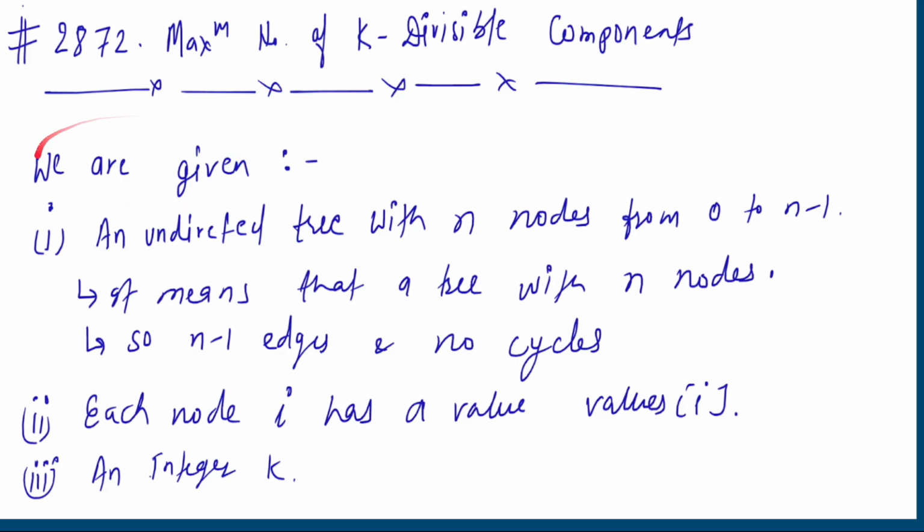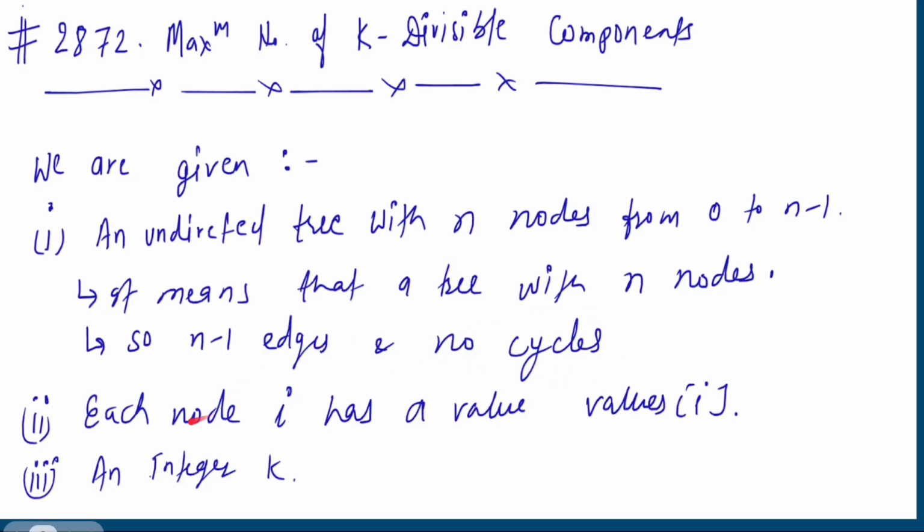What we have been given is an undirected tree with n nodes labeled from 0 to n minus 1. It means the tree has n nodes. So how many edges will be there? If the tree has n nodes, the edges should be n minus 1, and there is no cycle.